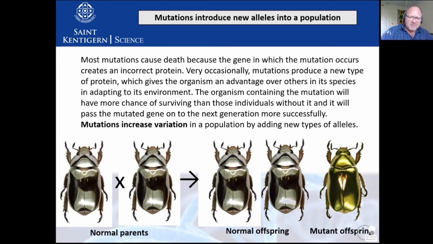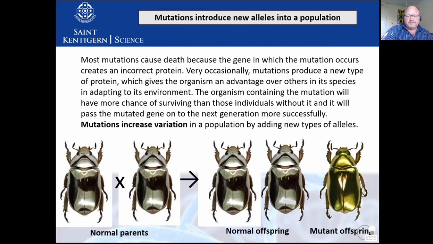Absolutely not. Okay, so new alleles are formed when we have a mutation, but they're only passed on to the offspring if the mutation was in the gametes. It's really, really important.